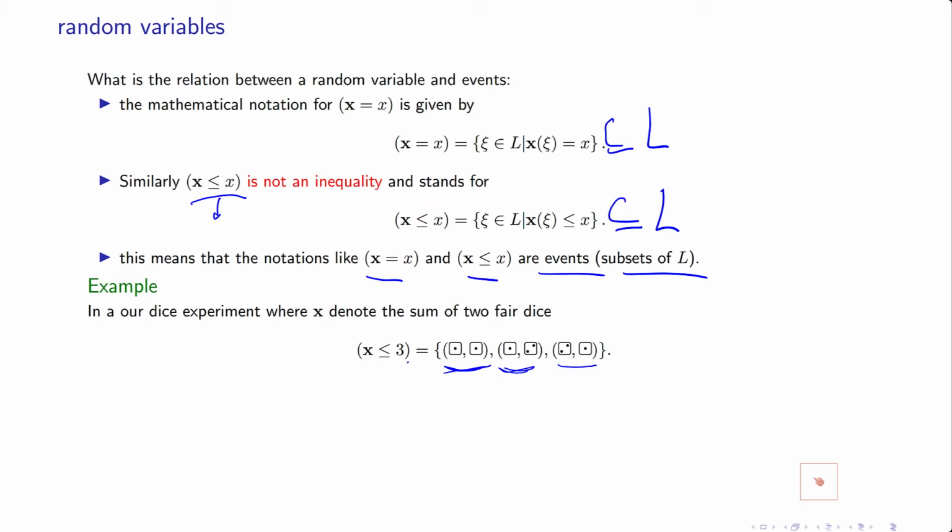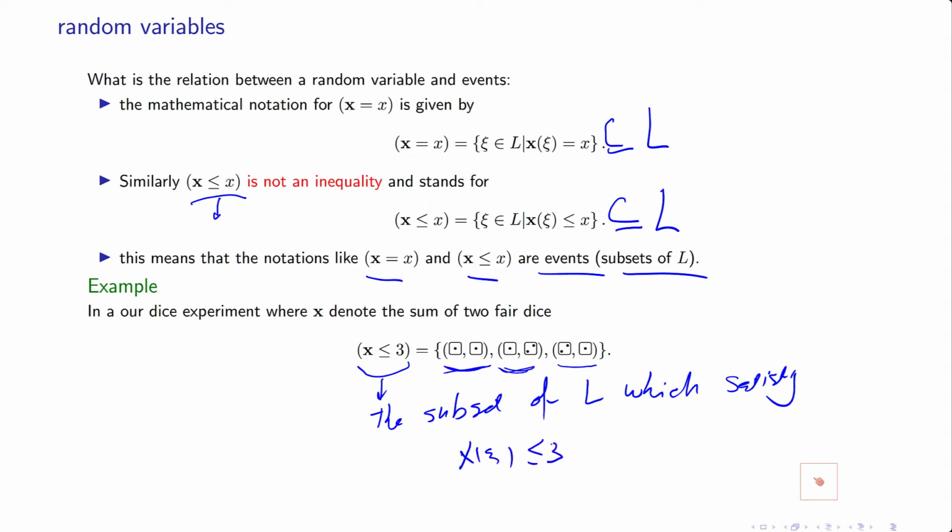So this is the subset of L which satisfies x of xi is smaller than or equal to 3. This is an abbreviated notation, so we have to remember it.